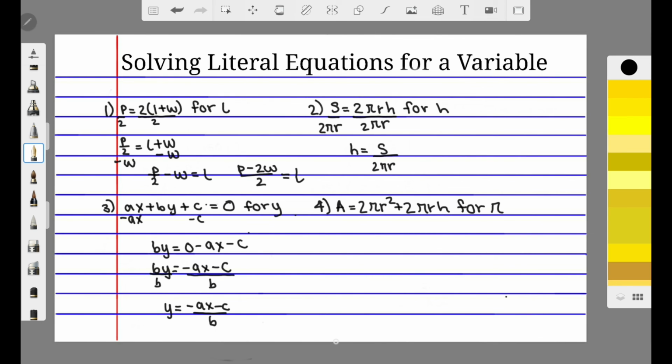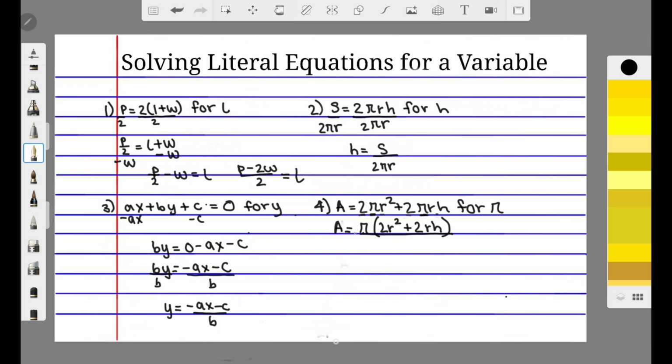And lastly, we have a is equal to 2 pi r squared plus 2 pi r h, and we're solving for pi. I'm going to factor out some stuff. We just want the pi. Just want pi outside, since pi is in both of these. Now, what needs to be inside this term so that if we multiply it, it'll come out to be 2 pi r squared. We need 2r squared, and we need 2rh.